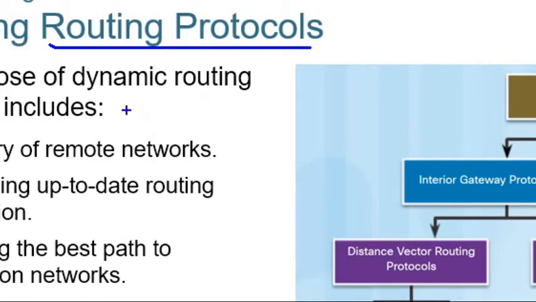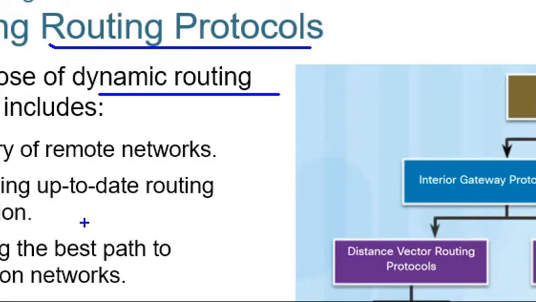Now, the purpose of dynamic routing protocols includes the following. Number one, we already mentioned this a while ago: automatic discovery of remote networks. Number two, since we're running dynamic, which means automatic, routers can maintain up-to-date routing information.